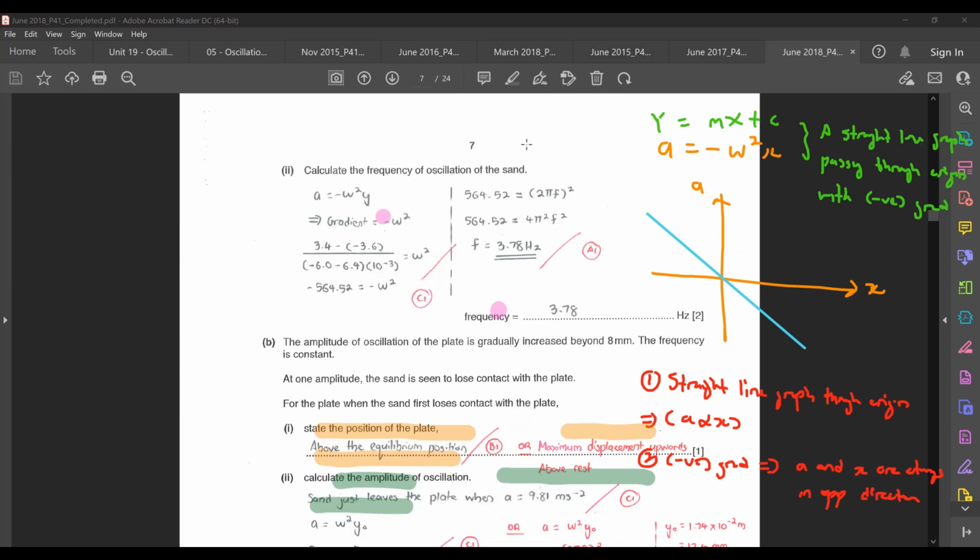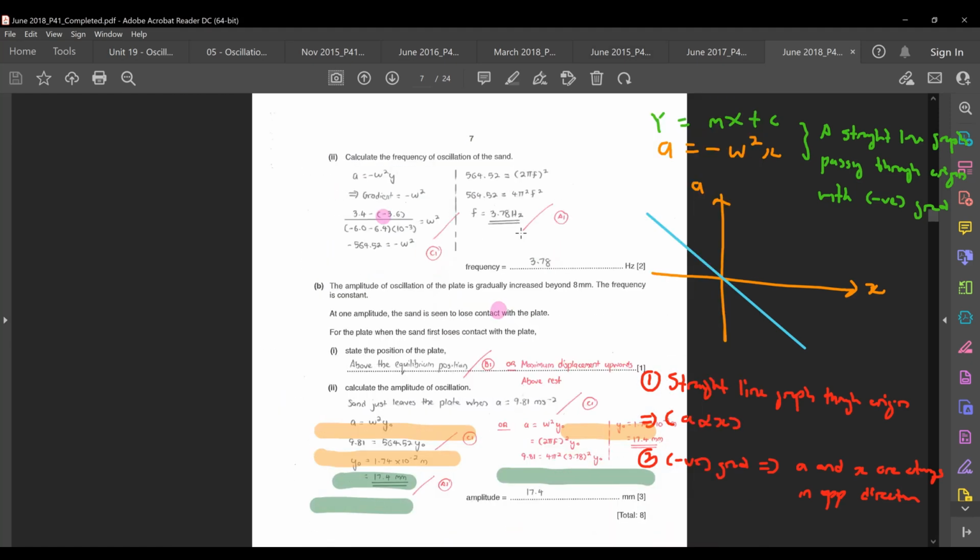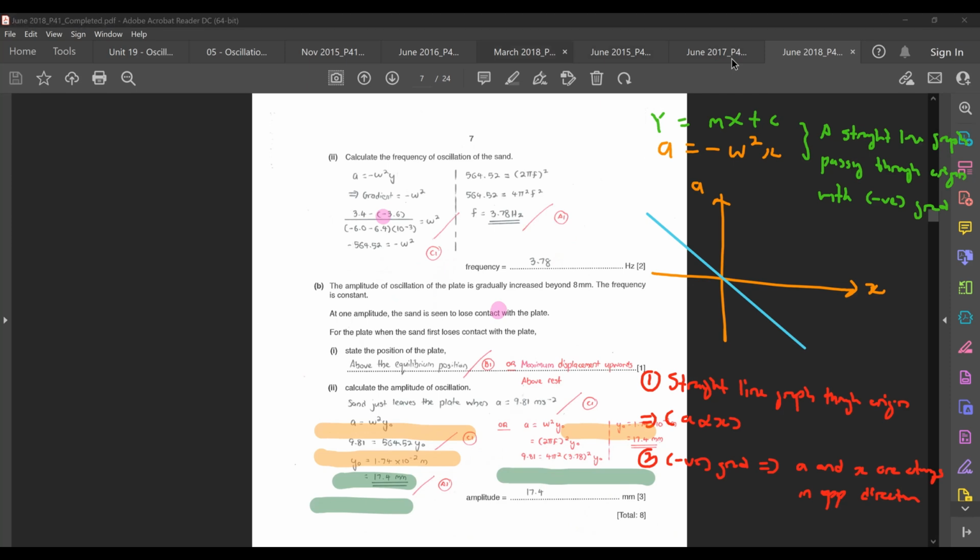So for your particular case, again, this is something that I also did mention before. If you compare your equation a equals negative omega squared x with y equals mx plus c, you will see that your gradient is actually negative omega squared.